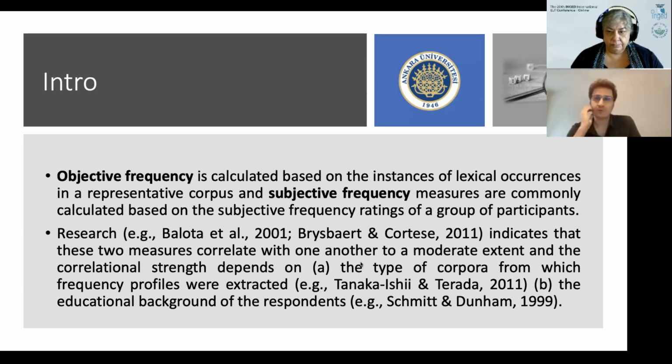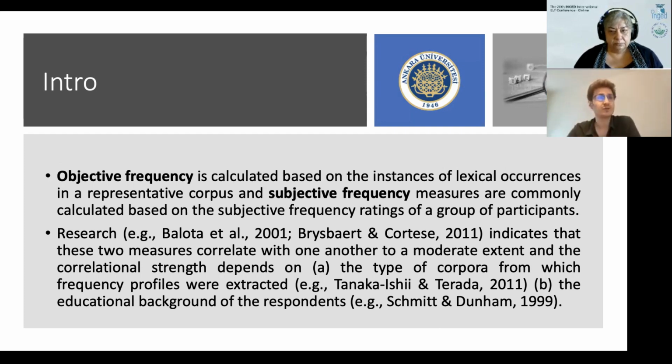So what do I mean by objective frequency and subjective frequency? Objective frequency is calculated based on the instances of lexical occurrences in a representative corpus, for example, the British National Corpus or the Corpus of Contemporary American English. And subjective frequency measures are calculated based on subjective frequency ratings of a group of participants. So you ask the teachers, or L1 users, how frequent you think those words or word combinations are, and then they rate those words.